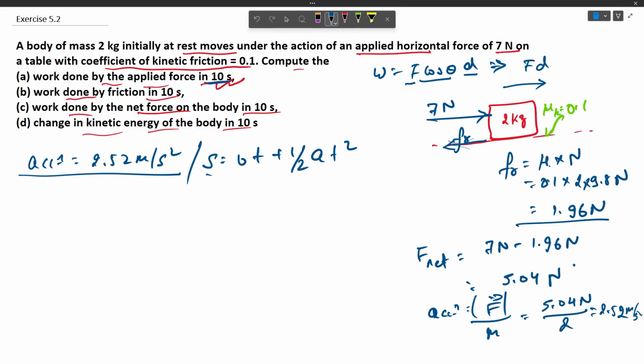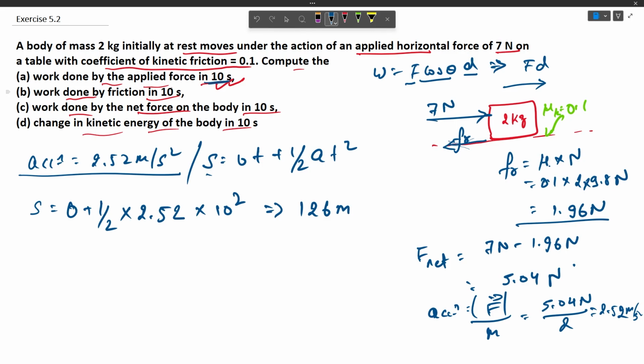So using this expression, the displacement s would be equal to ut, since u is equal to 0, the body is starting from rest, so 0 plus half times a, that is 2.52 times t square, duration of 10 seconds, so it would be 10 square, and that will give us a magnitude of displacement as 126 meter.